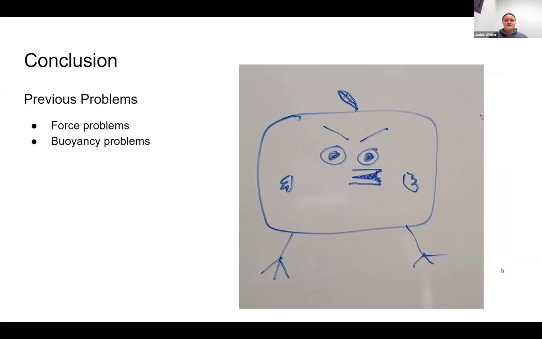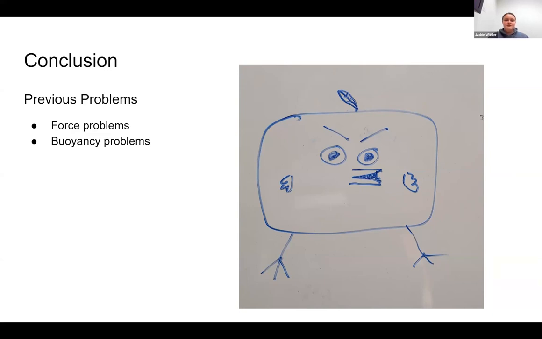So for our conclusion, some previous problems that we have looked at that could be similar to buoyancy are any force problems. We haven't done any buoyancy problems directly in this class. We haven't done any pressure problems directly in this class. So that was very different to work with. However, we have worked with force problems. We have worked with friction, and we have worked with ropes pulling masses, which have different forces.